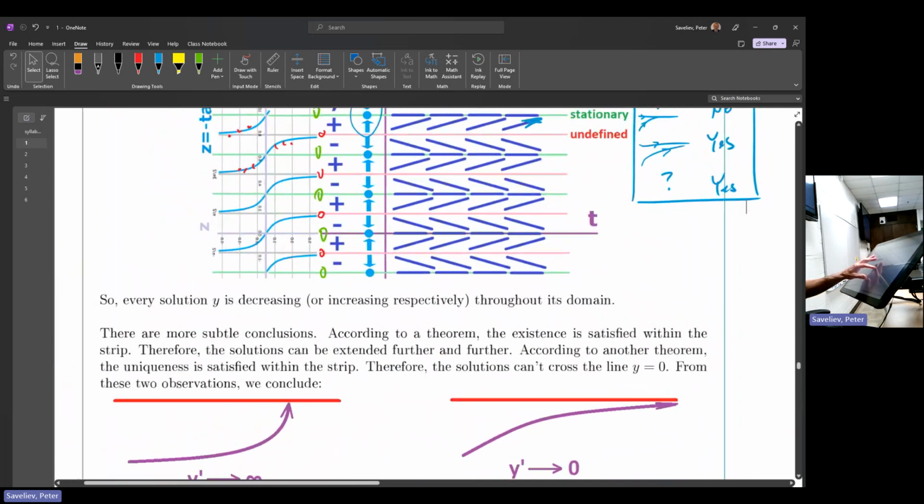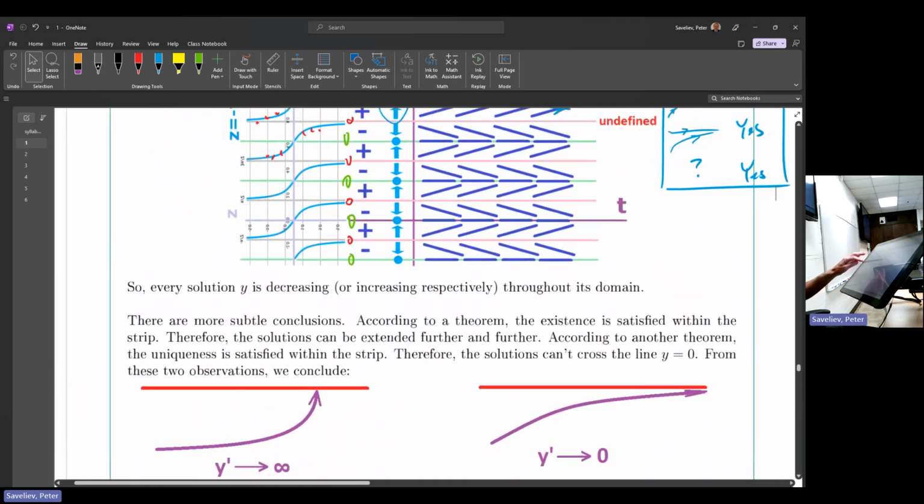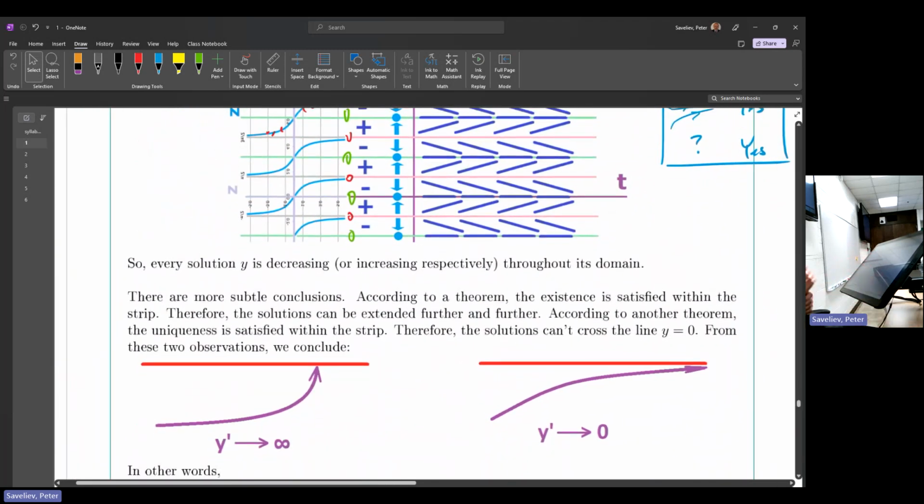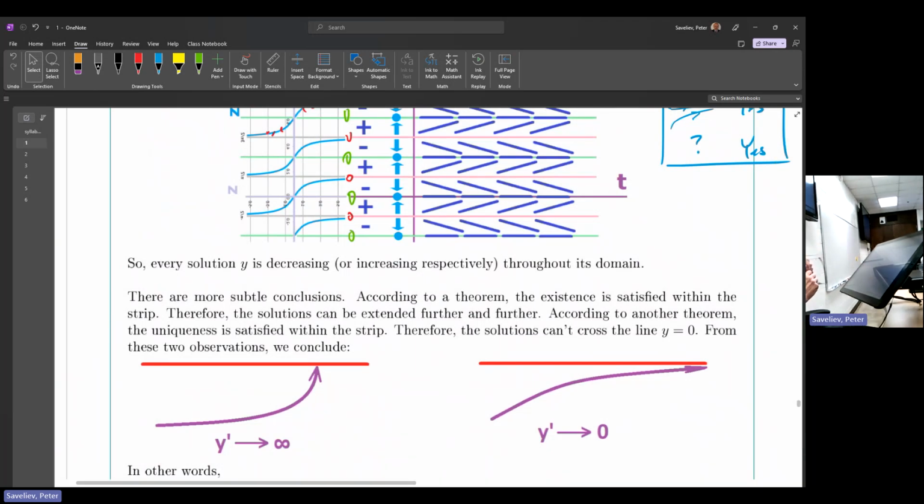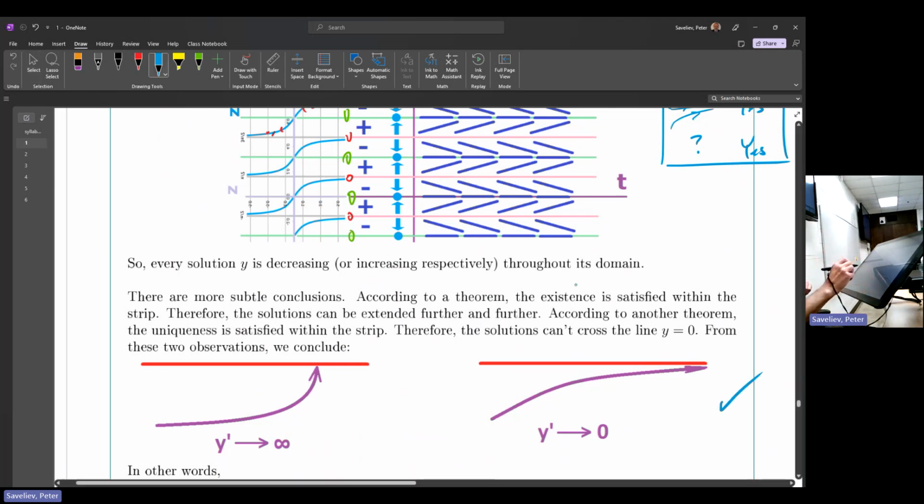This is the other possibility, by the way. This is the possibility that we claim to be on the right, but this is another possibility. Also, it is increasing, but it actually merges into the curve. So it is possible. We are only rejecting it by looking at a more subtle analysis. So we take this one and this is not it.